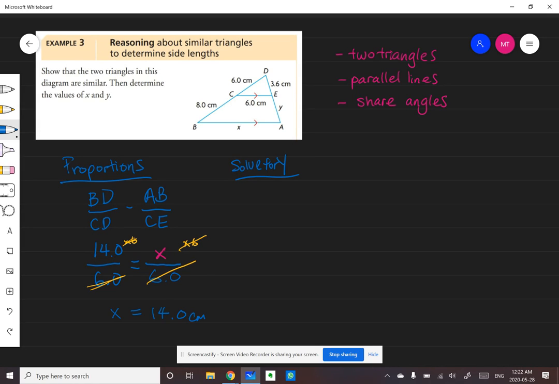So what sides could we use? If you want, you can hit pause on the video and see if you can come up with this proportion. So what we're going to do is look at AD here. So AD. And then we're going to look at ED, which is that little segment there.